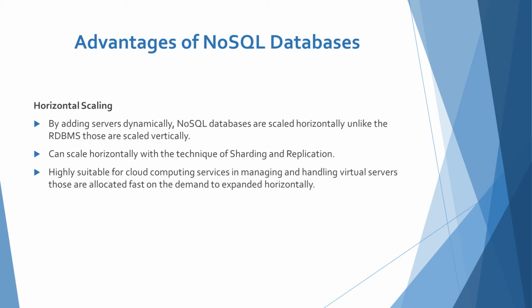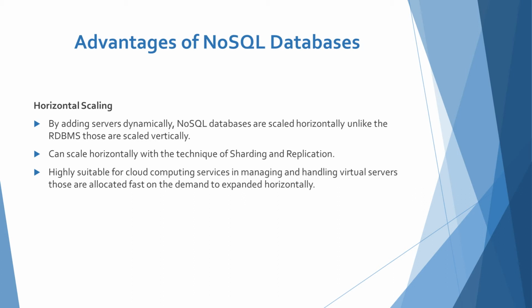If one node goes down, the applications can still access the data from other nodes. NoSQL can scale horizontally with the technique of sharding and replication. Whenever they implement sharding, for those nodes they will configure replication also. If one node goes down, then another node will be available.